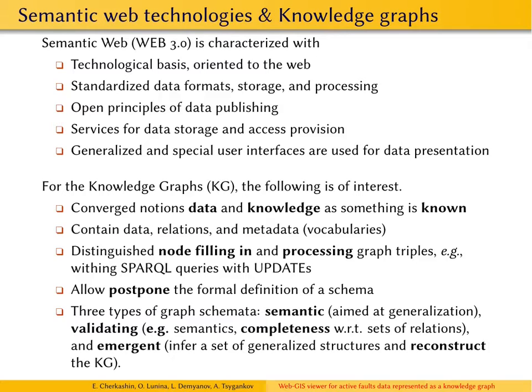I would like to specially note that the theoretical basis of knowledge graph usage allows us to represent them in three different views, showing semantic, that's relations between classes. For example, validating semantics, we can use some automatic procedure to verify relations between entities, and emergent, which implies the capability of research groups to reconstruct the knowledge graph when it is necessary to upgrade its structure.